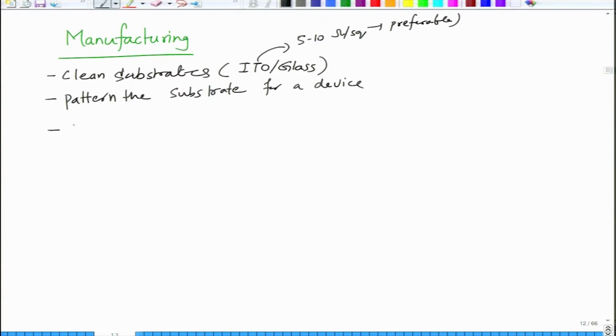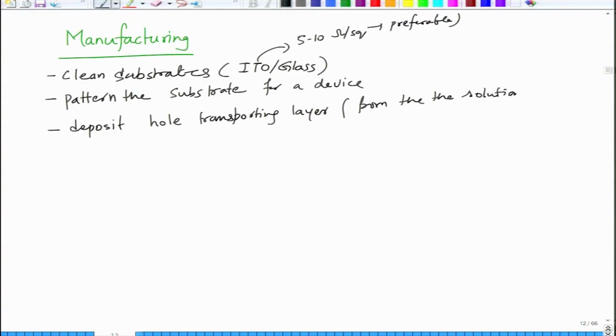Then we deposit the hole transporting layer from a solution, and this is done by spin coating, followed by annealing or heat treatment at a given temperature.